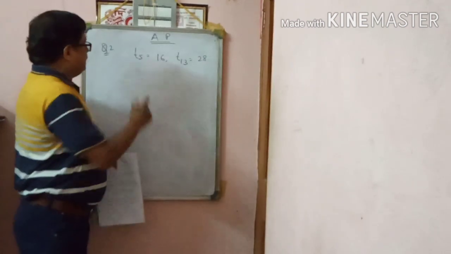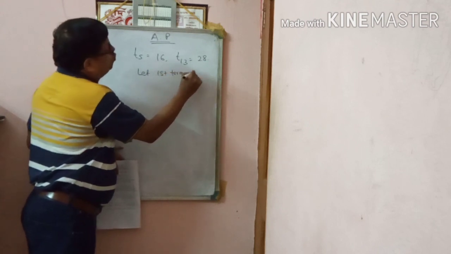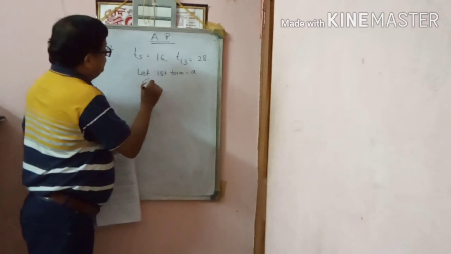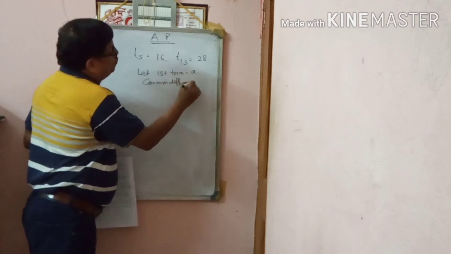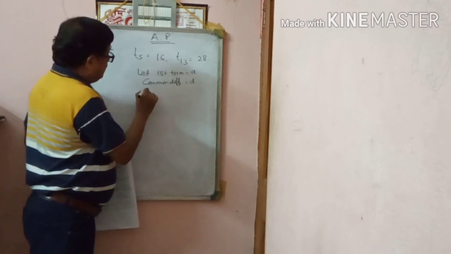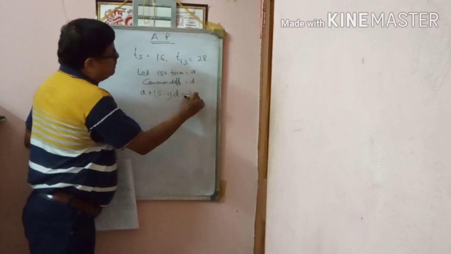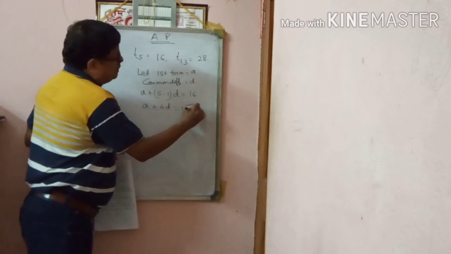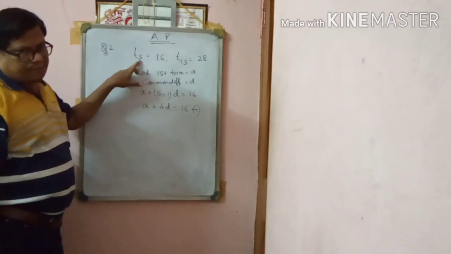Let the first term equal A and the common difference equal D. So T5 is A plus 5 minus 1 into D equal to 16.